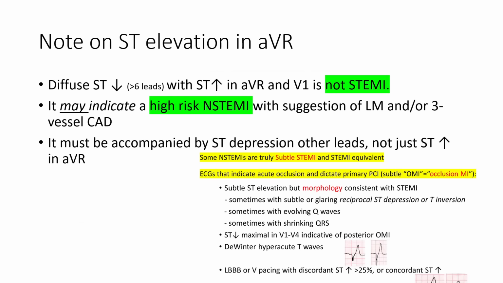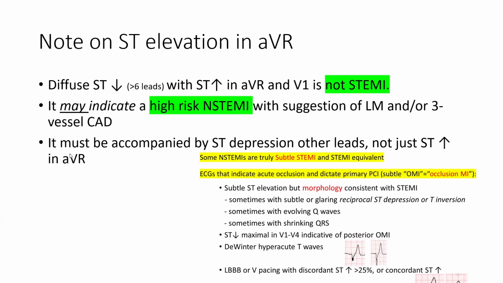I want to comment on the ST elevation in aVR. So if you have diffuse ST depression in more than 6 leads with ST elevation in aVR and V1, this is not STEMI. It's concerning for a high-risk non-STEMI with suggestion of left main and or 3-vessel CAD.